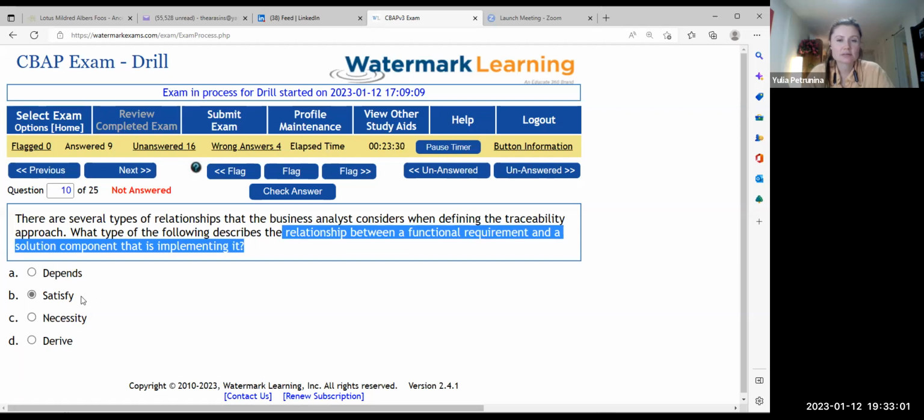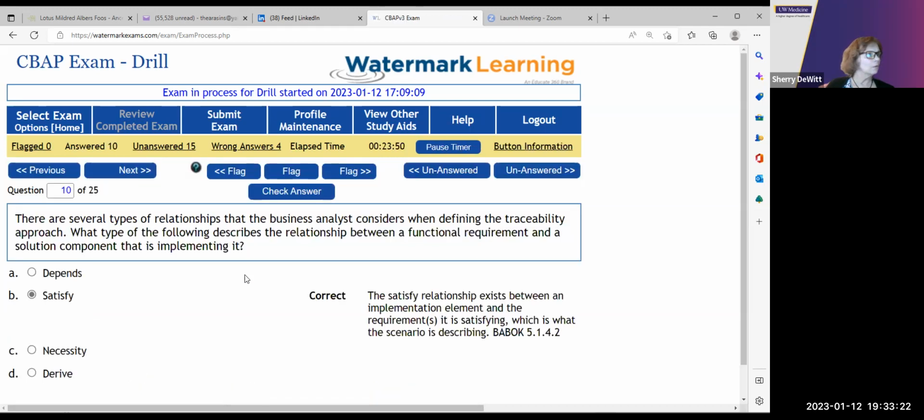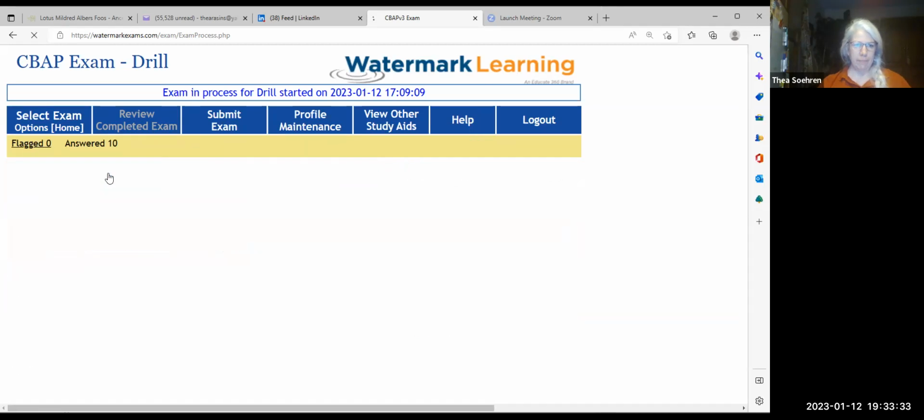That was just like that question we had earlier about the functional requirement and the solution component. The relationship is that the solution component satisfies the functional requirement. So that's why I would argue for B. Okay, let's check it. And we are correct. Yay, good job. The satisfy relationship exists between an implementation element and the requirement it is satisfying, which is the scenario being described.